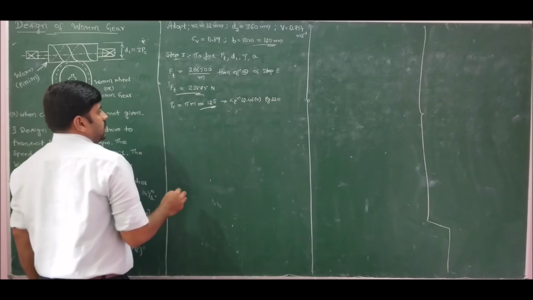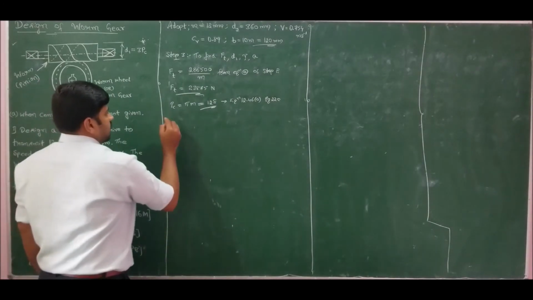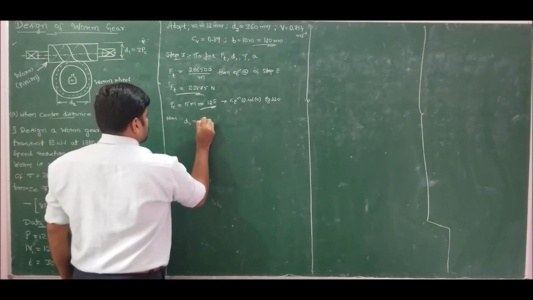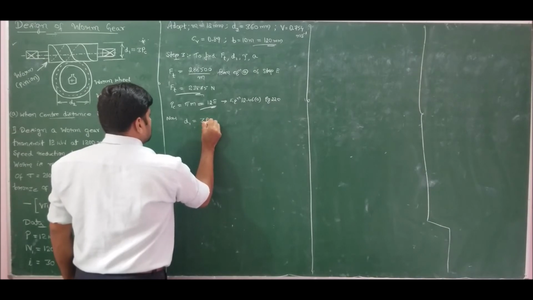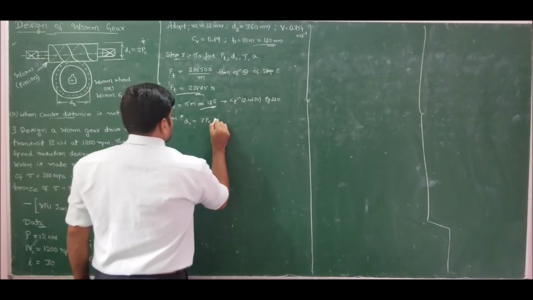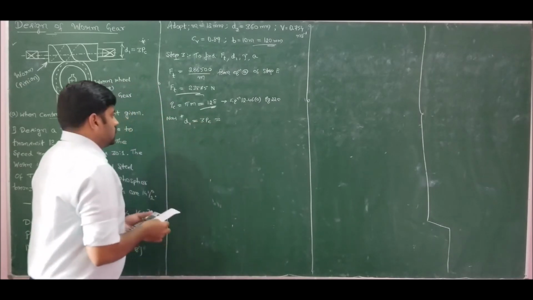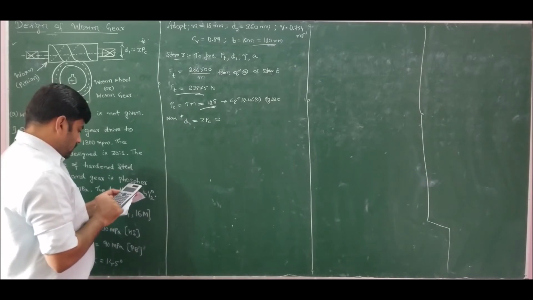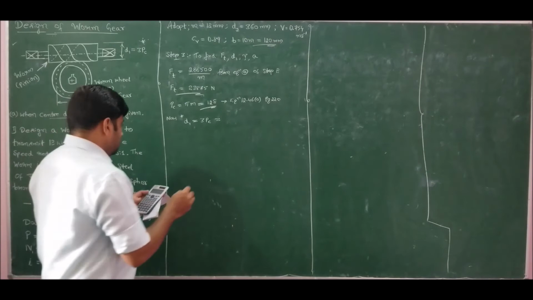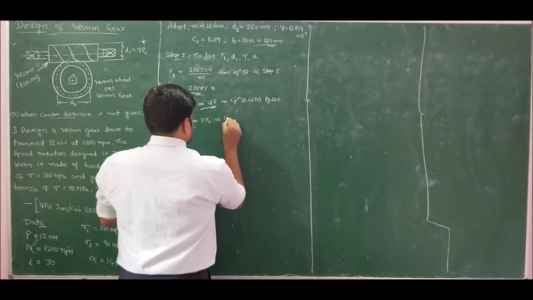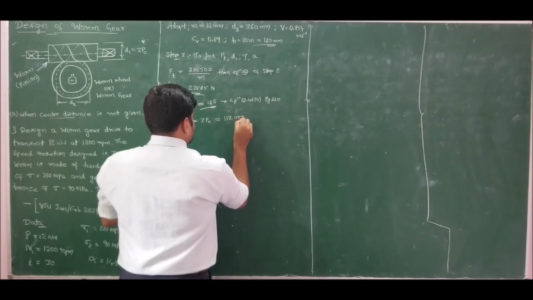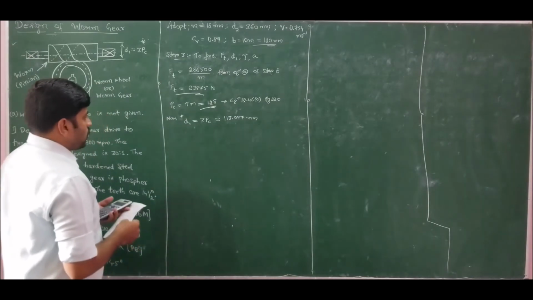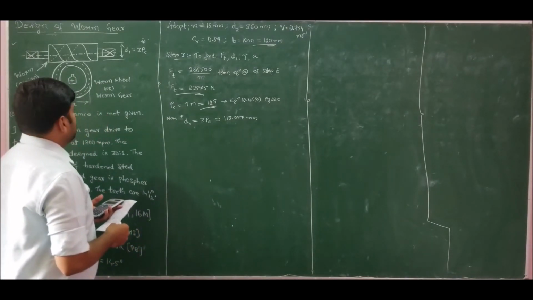Now the diameter of the worm or pinion is approximately 3 times the circular pitch, 12 into pi, which turns out to be 113.097 millimeters. So we have found the approximate diameter of the pinion or worm.